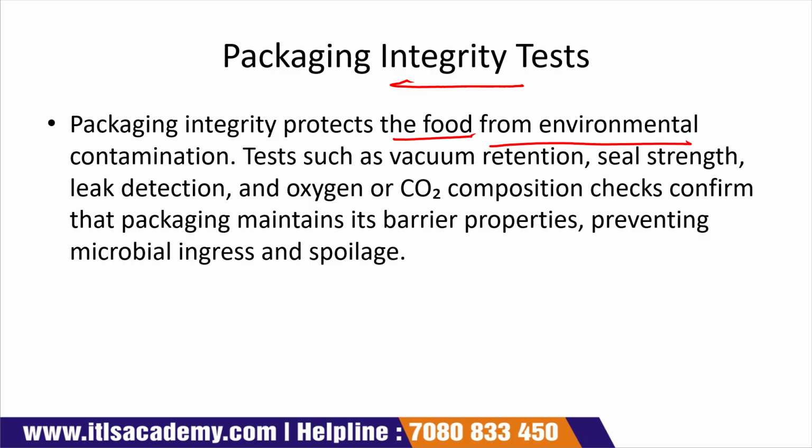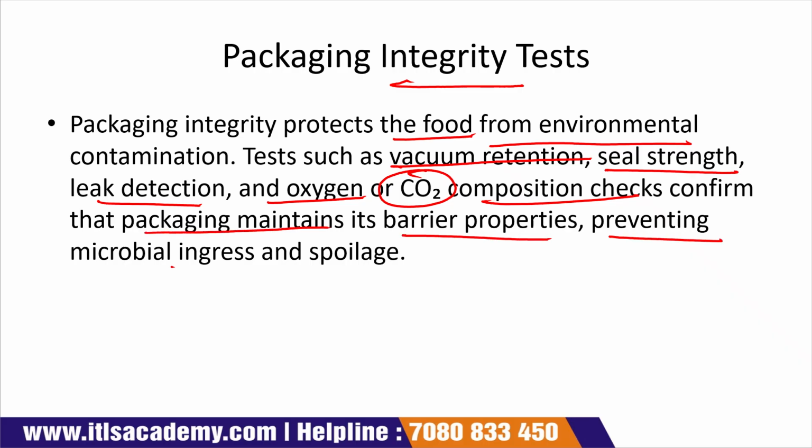There are different tests like vacuum retention, seal strength, leak detection, and oxygen and carbon dioxide composition. They can confirm the packaging material's barrier properties in preventing microbial ingress and spoilage.